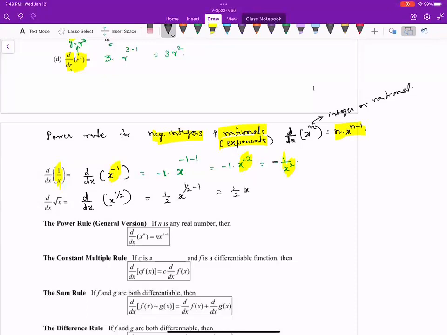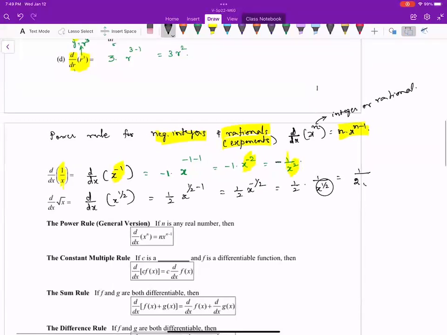So it is 1/2 x to the power negative 1/2. If you bring this down, you can write that as x to the power 1/2 below, which means it is 2 times the square root of x. So the derivative of radical x is 1 over 2 radical x.